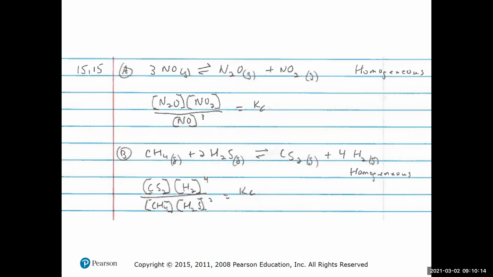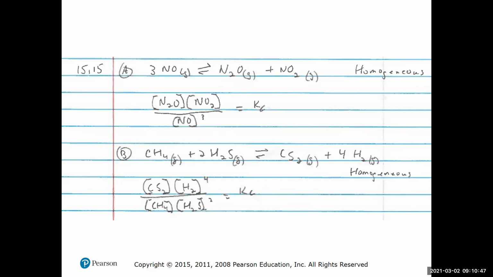The next one, CH4 plus 2H2S going to CS2 plus 4H2. Once again, we're going to do the same thing of looking at the products, in this case CS2 and H2, putting those concentrations in the numerator. We look at our reactants, CH4 and H2S, put those concentrations in the denominator, and then we go and see, do we have any coefficients on the formula?